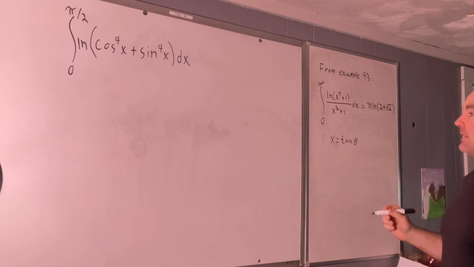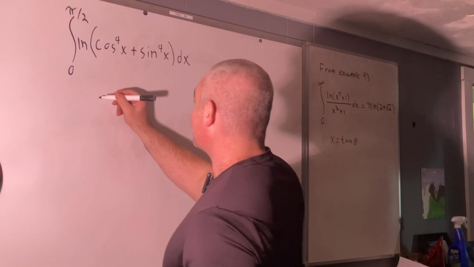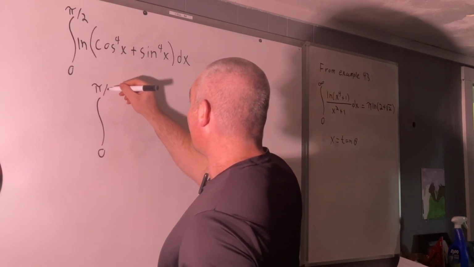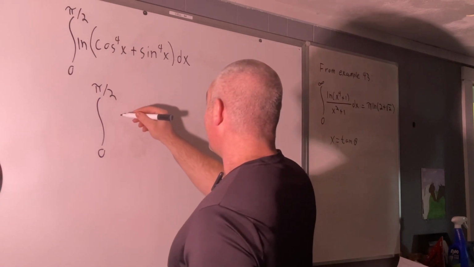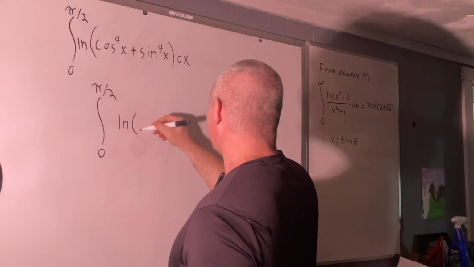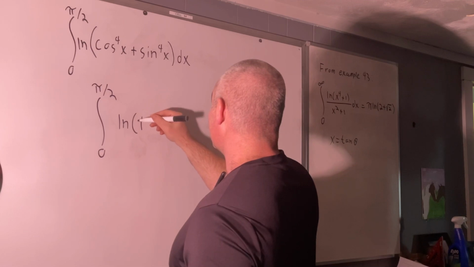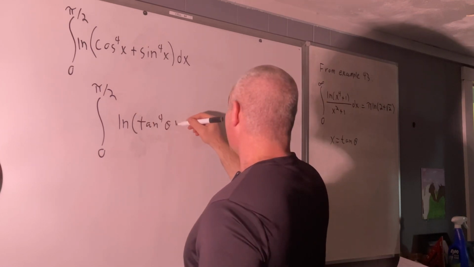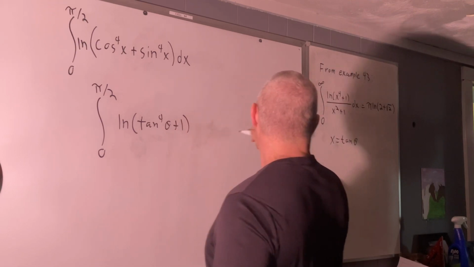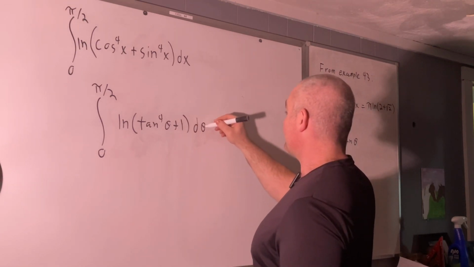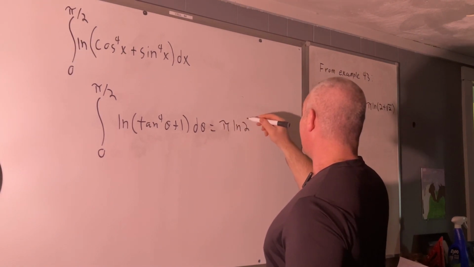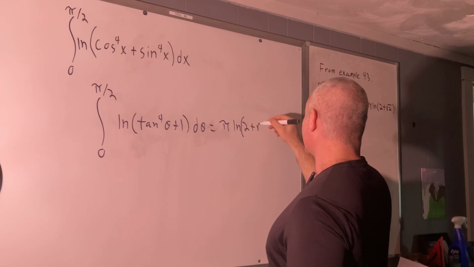All right, and from that we can get that the integral from 0 to pi over 2 of the natural log of tangent to the fourth theta plus 1 d theta is equal to pi natural log of 2 plus the square root of 2.